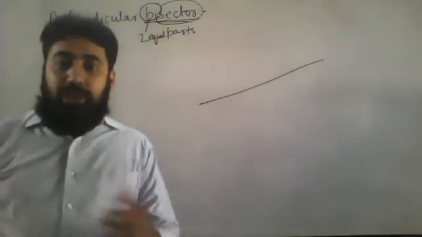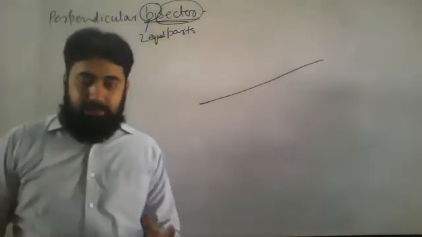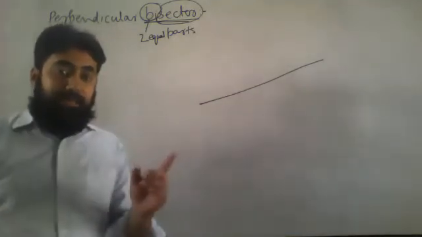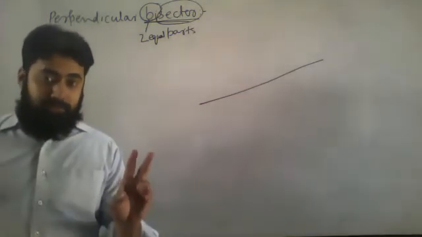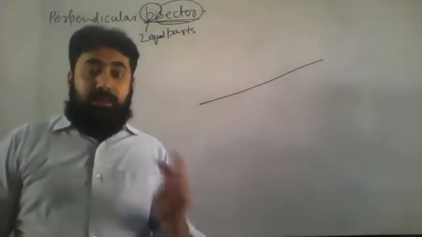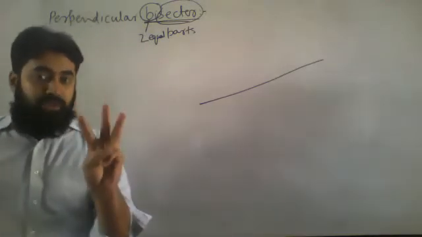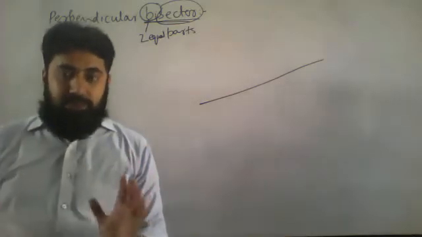Whenever we say the word bisector, it means something is bisecting another thing into two equal parts. When I say trisector, it means something is getting divided into three equal parts. That's the thinking which we get.